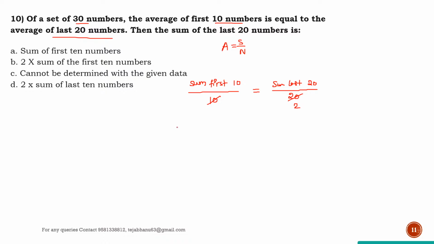He asked for the sum of the last 20, right? Just cross multiply. It is 2 into the sum of the first 10 numbers. That is the answer. Option B. I hope it's clear.